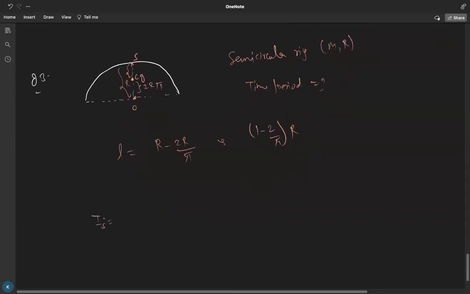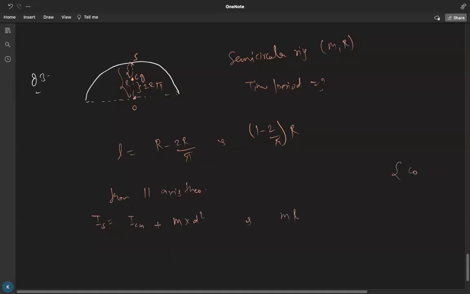From the parallel axis theorem, the I about the center of mass plus the distance between the center of mass and the suspension point, so plus m into d square. Let me write it here.